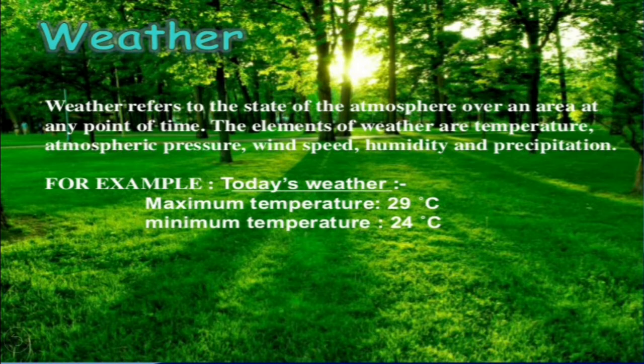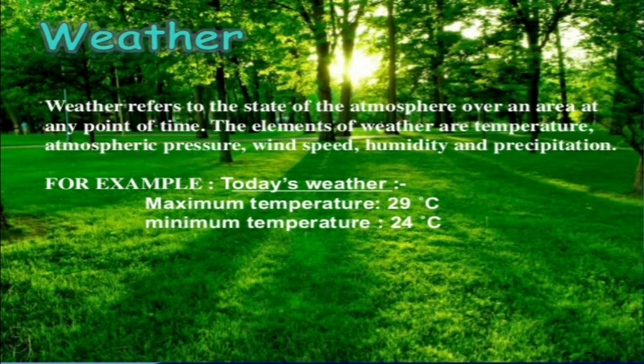What is weather? Weather refers to the state of the atmosphere over an area at any point of time. The elements of weather are temperature, atmospheric pressure, wind speed, humidity and precipitation.